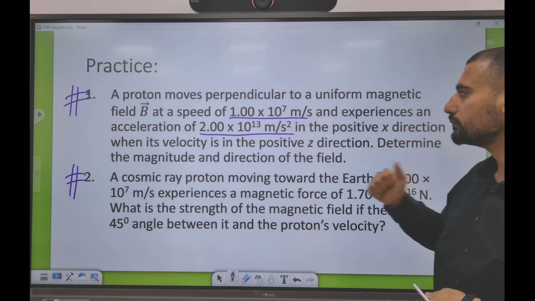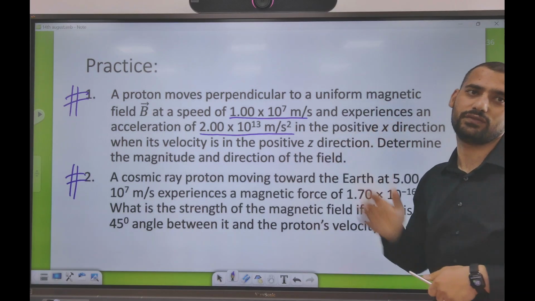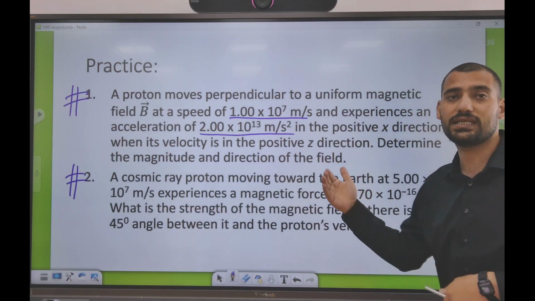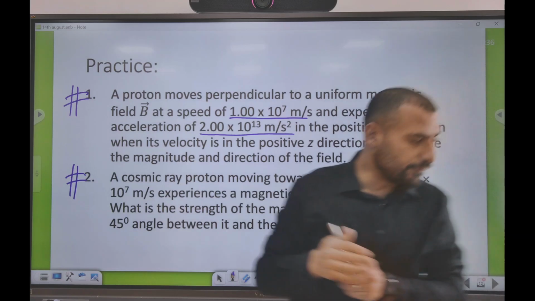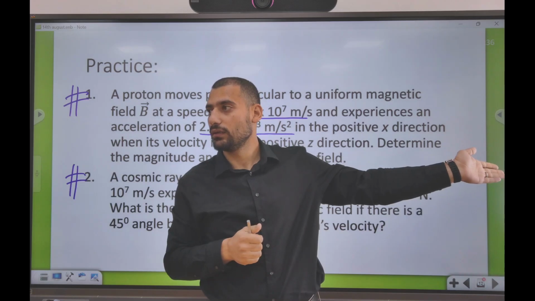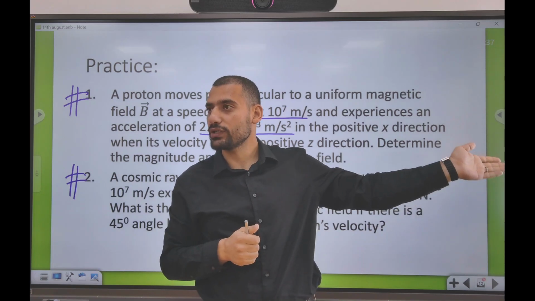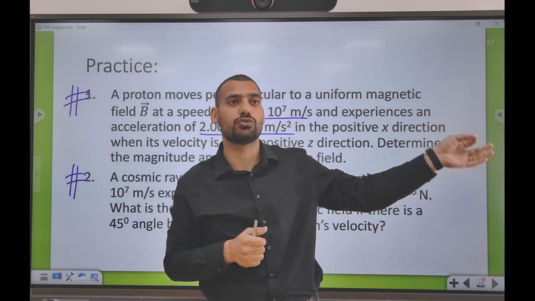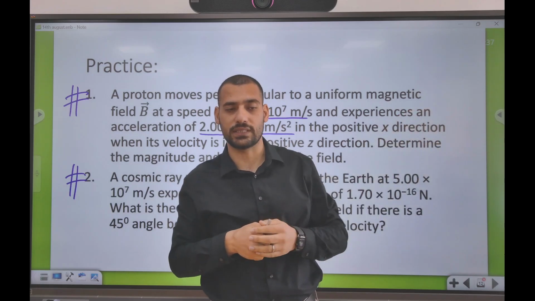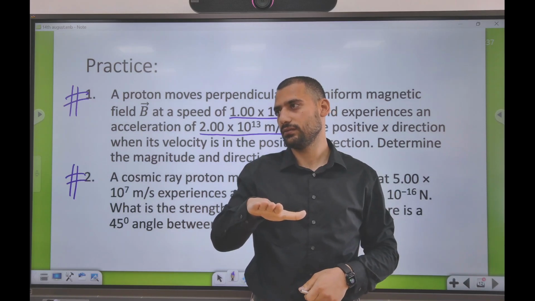When its velocity is in the positive z direction, very important. The velocity is in the positive z direction. The force is in positive x. The question is, what is the direction and the magnitude of the magnetic field? So you need to understand, force is already here, velocity is here, something like this.